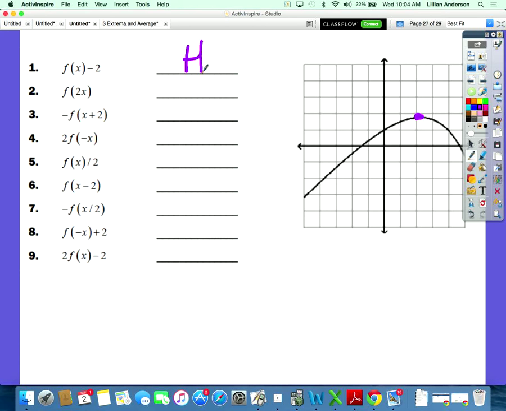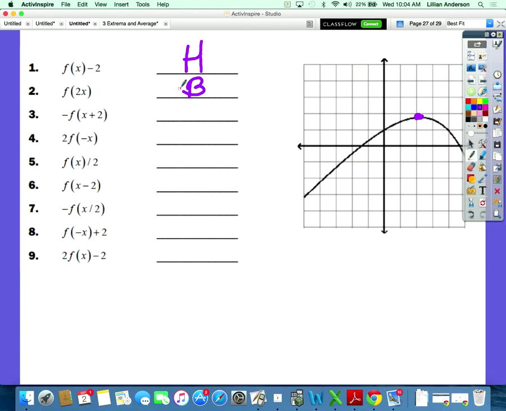So H and then B. Now number 3, I got negative f of x plus 2. You do any type of reflections and stretching first before you move any left or right. This is kind of a good rule of thumb. And I hope y'all won't get to trig functions and stuff like that. So the negative means I flip it how? Or reflect it how?